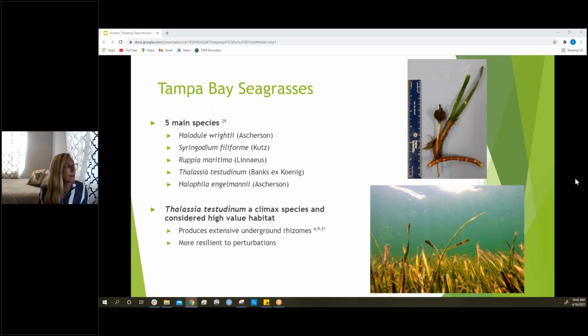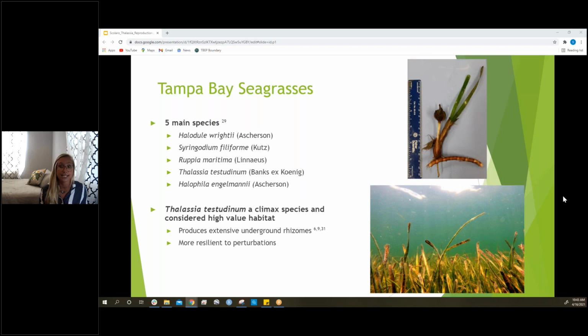In Tampa Bay, we have 5 main species of seagrass: Halodule, Syringodium, Ruppia, Thalassia, and even Halophila makes it into the mix. Thalassia is dominant in the lower regions of the bay and is the species of focus for this study. As many of you know, Thalassia is considered a climax species and considered high value habitat.